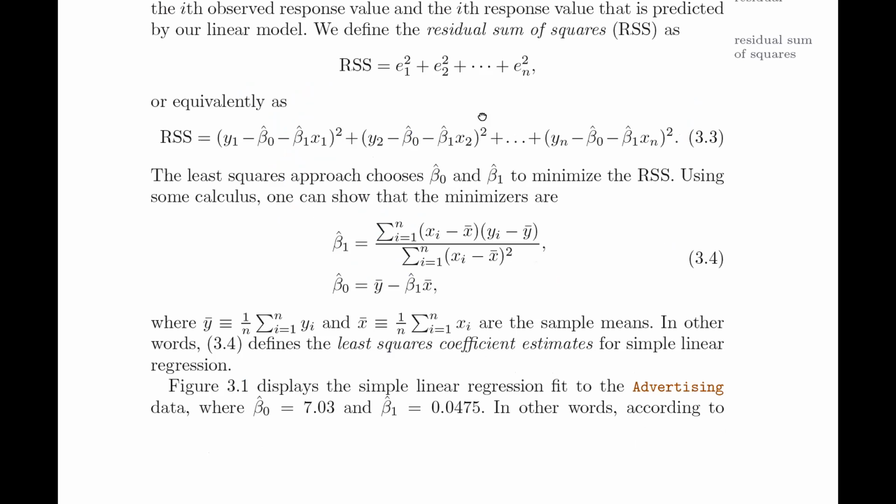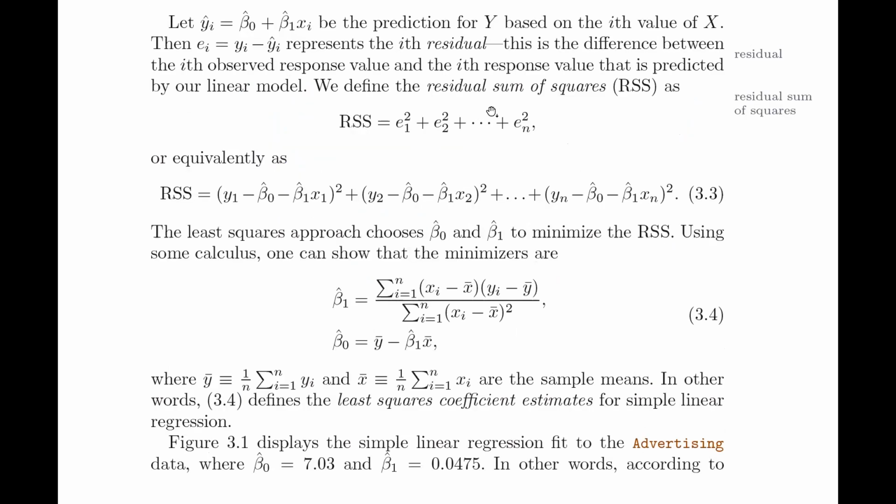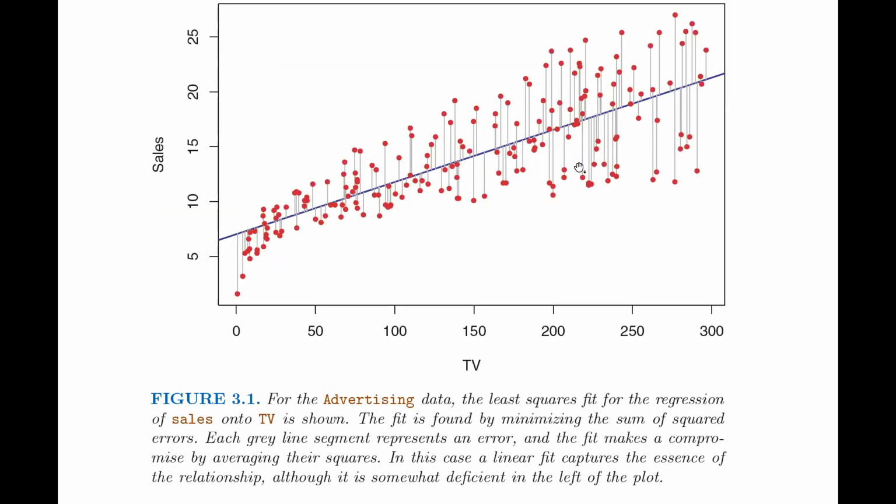We are trying to minimize the residual sum of squares made up of these n terms, where each e_i is the difference between the actual and the expected. The actual is any of these red points. That's your actual raw data, if this is the training data. The blue is your expected.